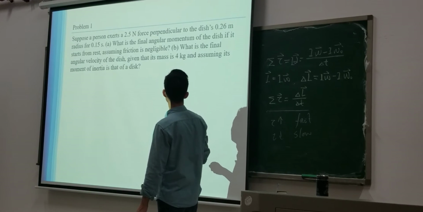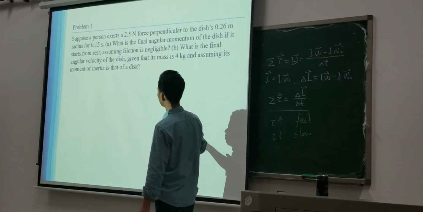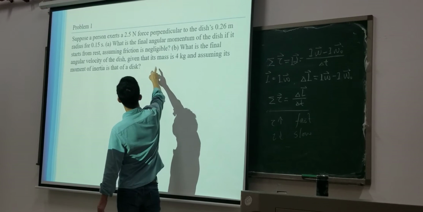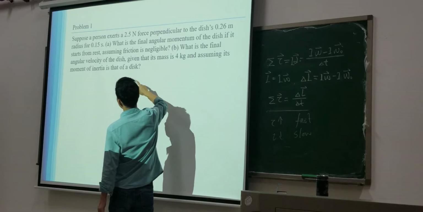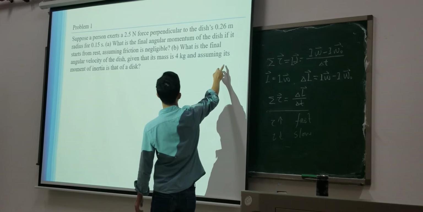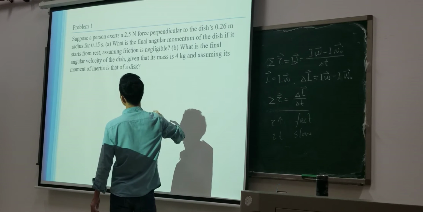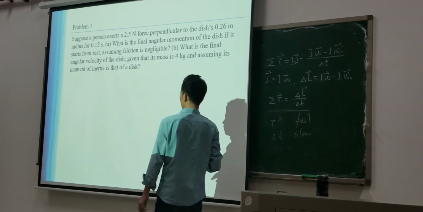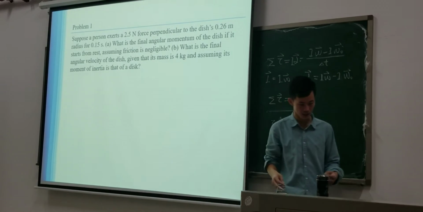The second question: what is the final angular velocity of the dish, given that the mass is 4 kg and the moment of inertia for rotation is that of this. Now look at this.